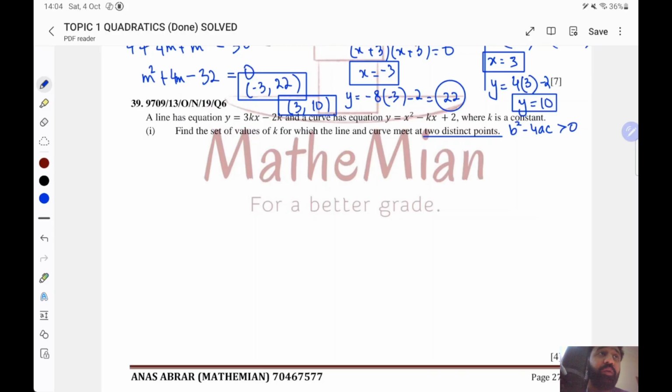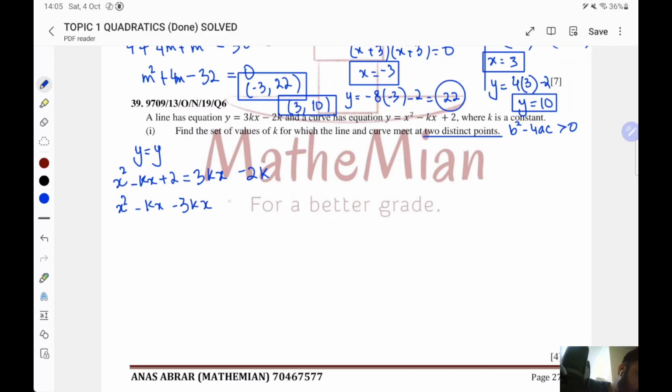Before that, we are going to find the equation of intersection. For finding the equation of intersection, it will be y equals y, so x square minus kx plus 2 equals 3kx minus 2k. Now it will be x square minus kx minus 3kx plus 2 plus 2k equal to 0.